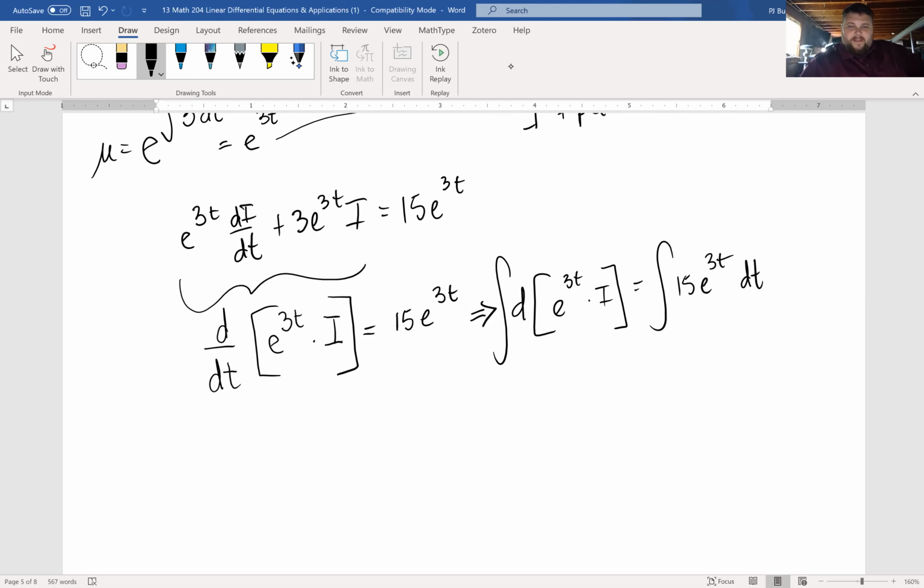So again, the left-hand side is glorious. It's just going to be e to the 3t times I. Right-hand side, now I would use a u substitution here.